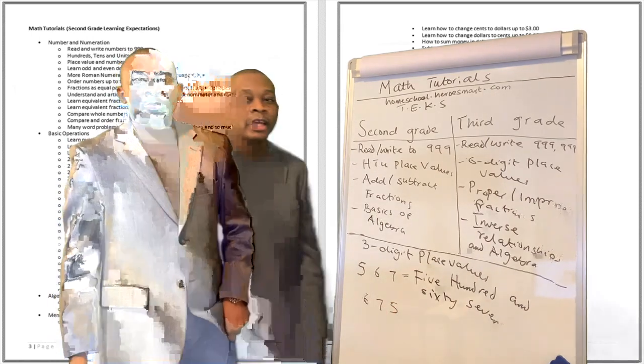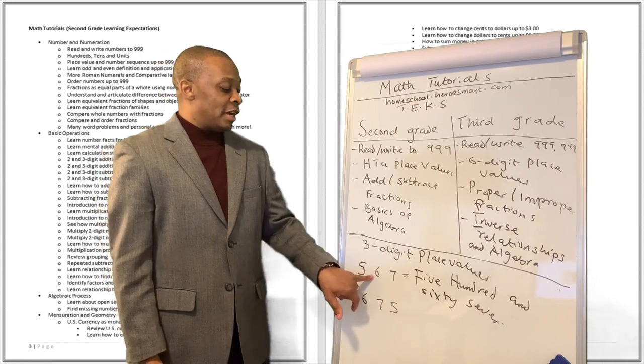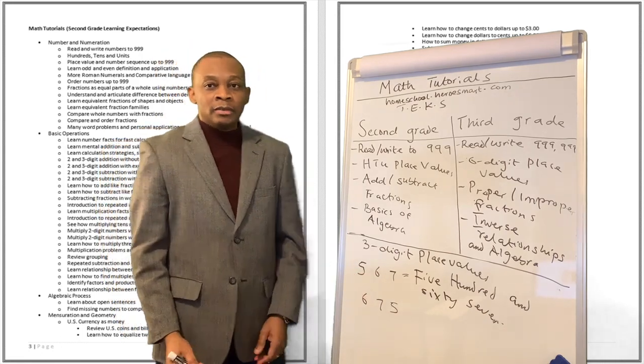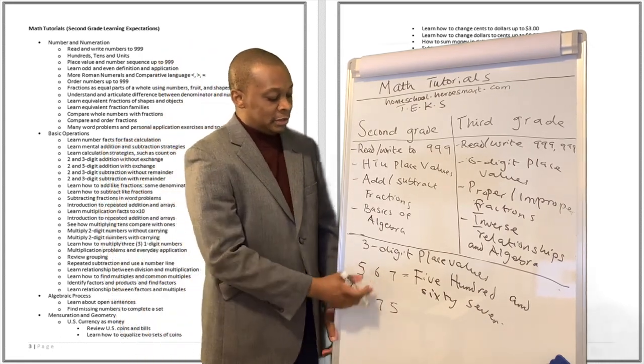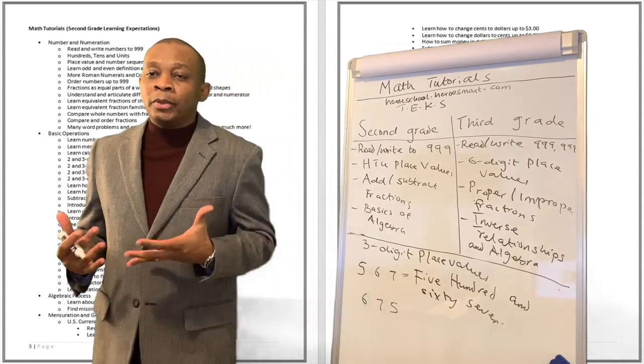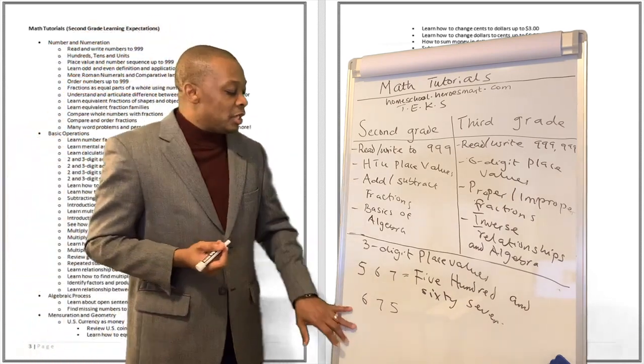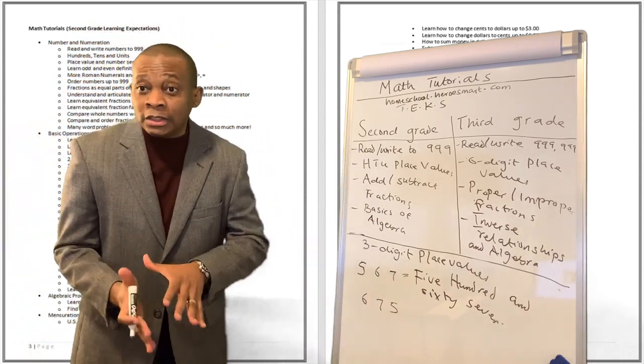Okay. So what's the difference between 675 and 567? Well, there's a 5 here, there's a 6 here, there's a 7. So all these digits are present in both numbers. But what is the difference? The difference is going to be the arrangement of the digits, right?